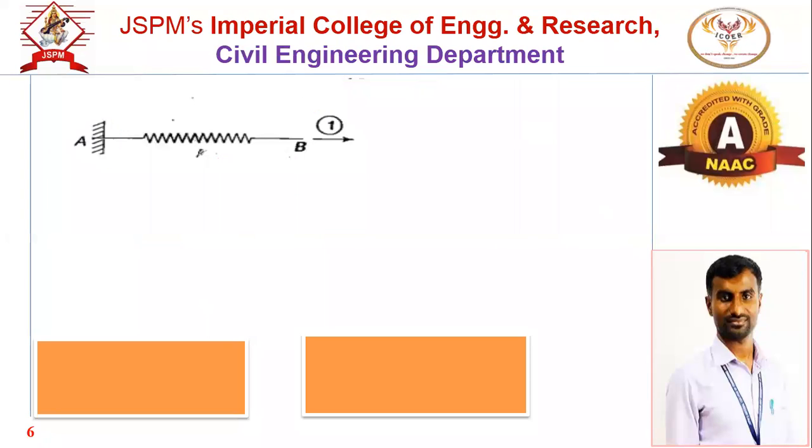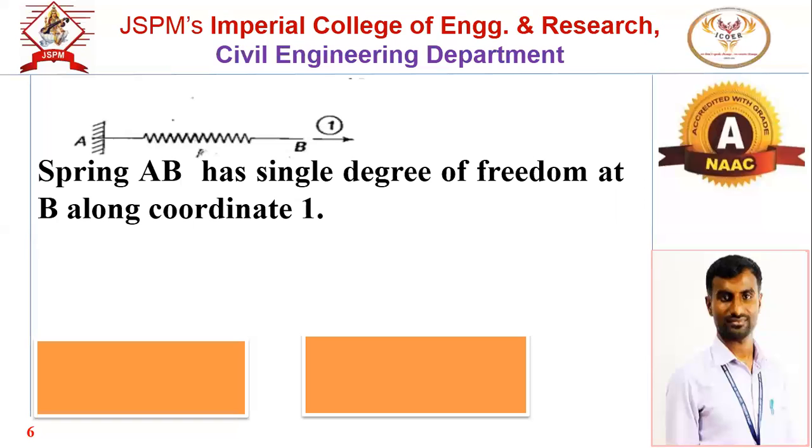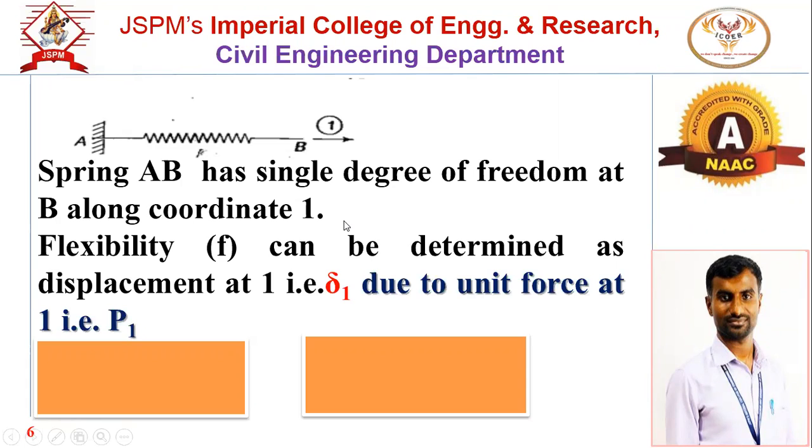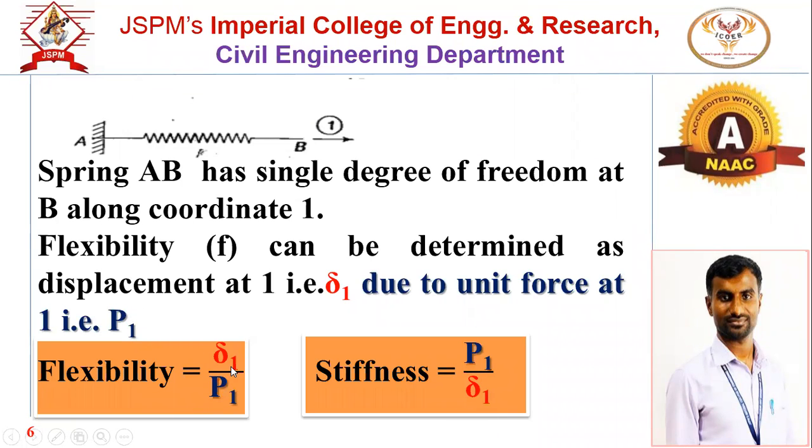This is a spring where one end is fixed, the other end is free, and it has only 1 degree of freedom, the axial movement or elongation. So the flexibility is delta 1 divided by P1, and the stiffness will be the inverse of that, P1 by delta 1.